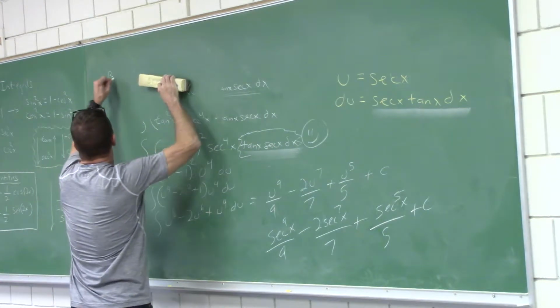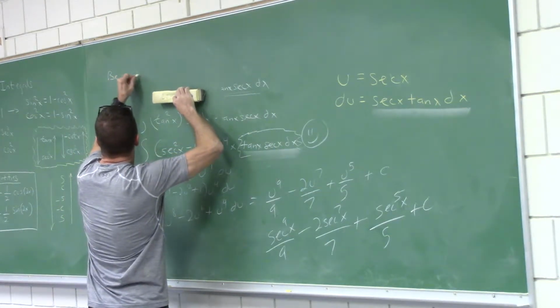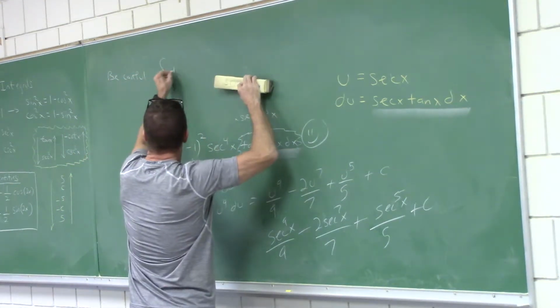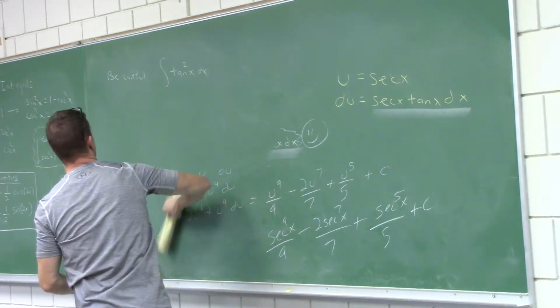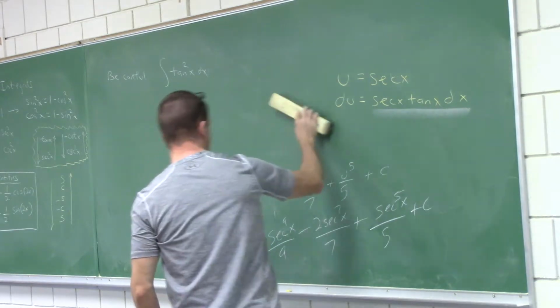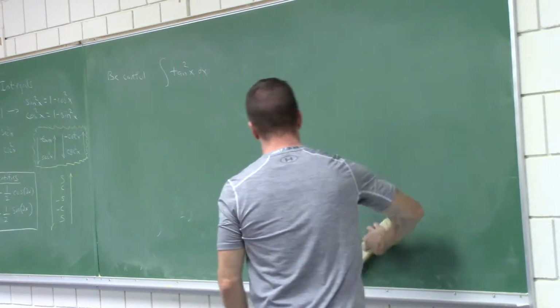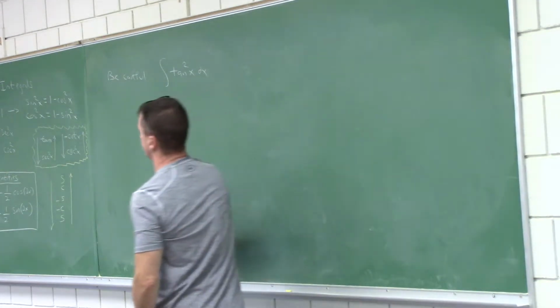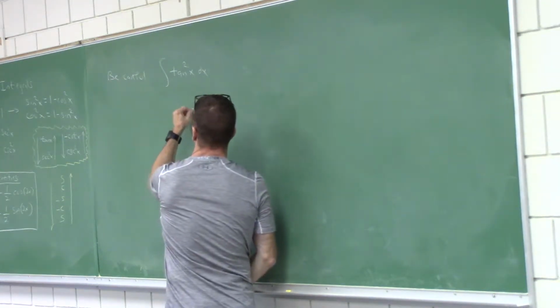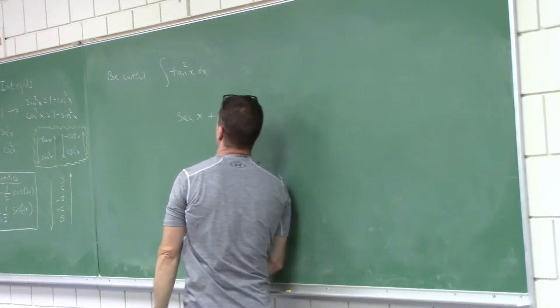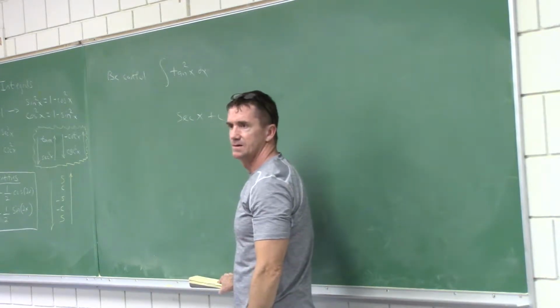Be careful on something like this. Compared to the problem we just did, this looks simple. It actually is, but just be careful. Too many times this can happen. Oh yeah, tan squared, that's like secant of x. Wait a minute, no, that's not it, right?